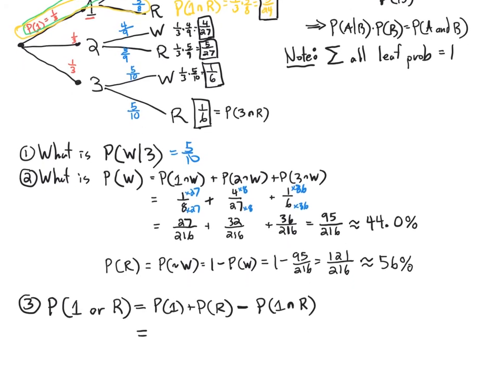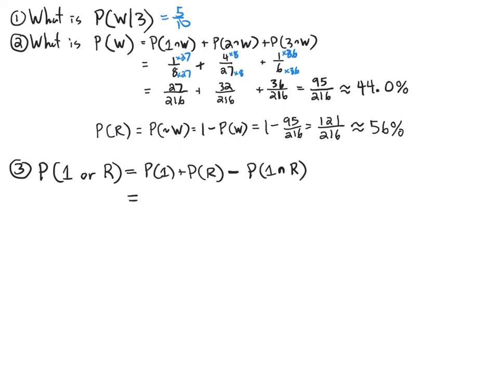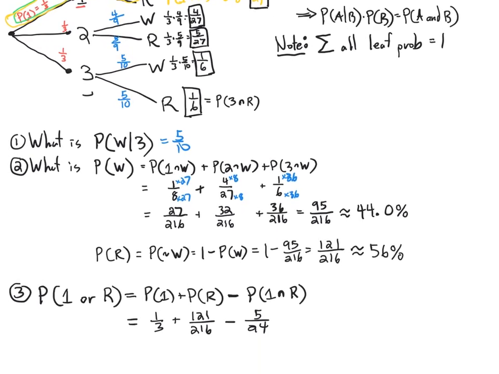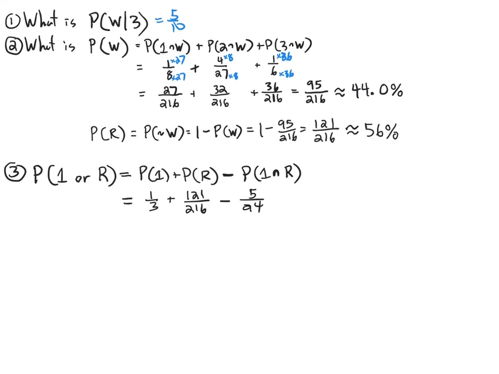Okay, let's scroll down here. So it's 1/3 plus 121 over 216 minus, this was 5 over 24. Let me scroll up and check that, just to make sure. It is 5 over 24. Again, let's convert these to 216 as a denominator so I can do some easy subtraction.